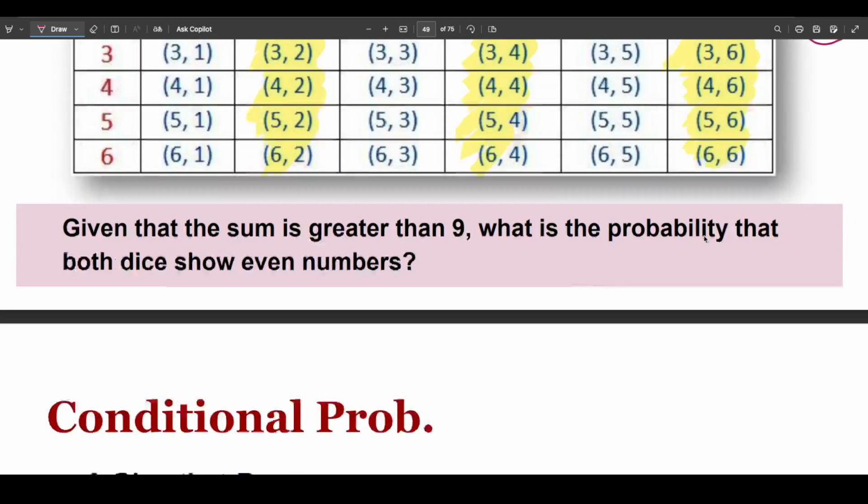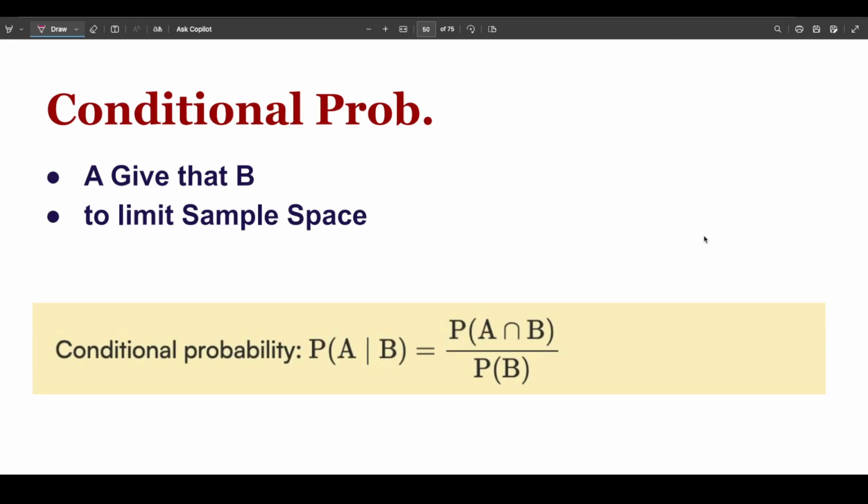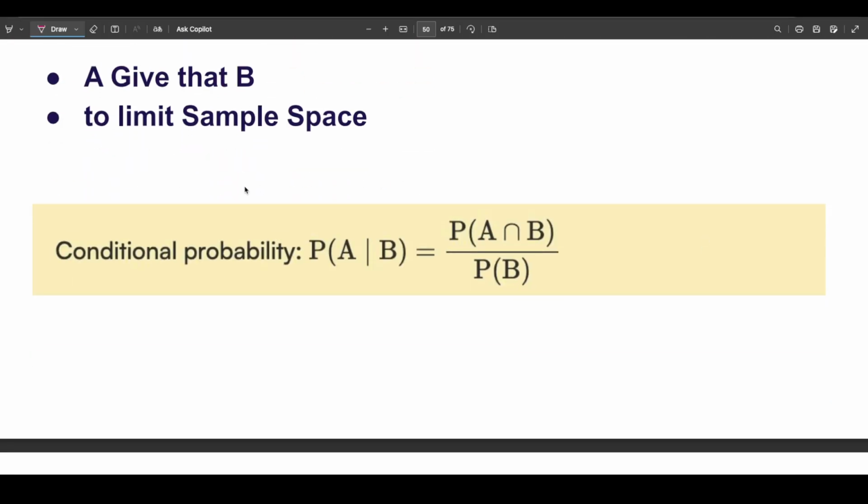What is the formula for that? Probability of A given B equals probability of A and B over probability of B. Remember, B goes to the denominator in the equation. So this is the multiplication rule of probability. We learned about the addition rule. I'm going to write it here one more time.